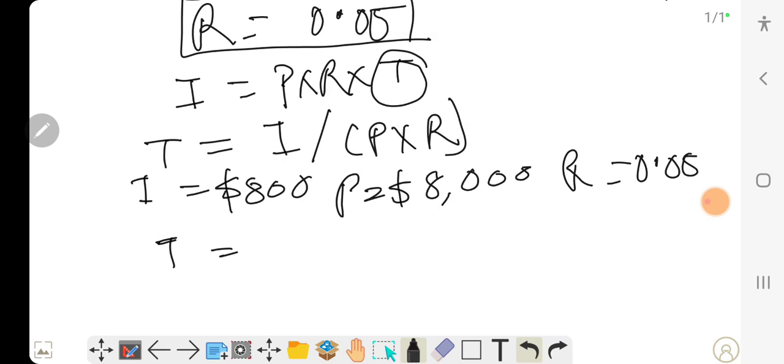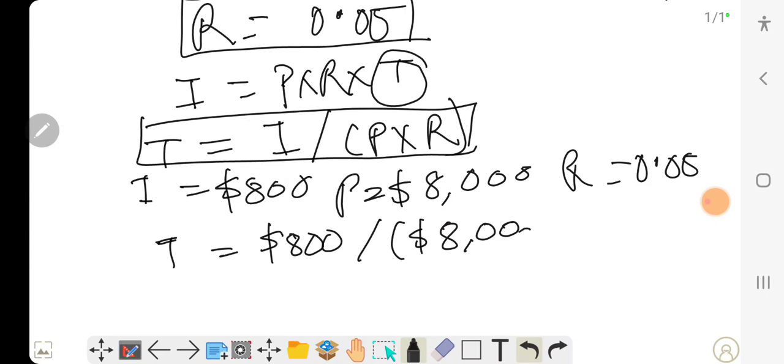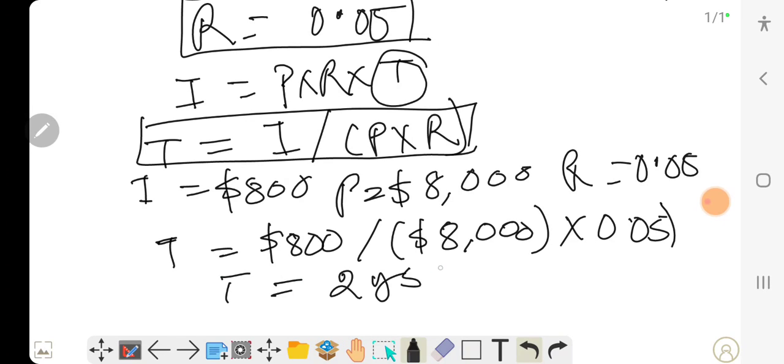So the formula would be 800 divided by the principal amount 8,000 multiplied by the rate, which is 0.05. If you simplify this, the time period is going to be 2 years.